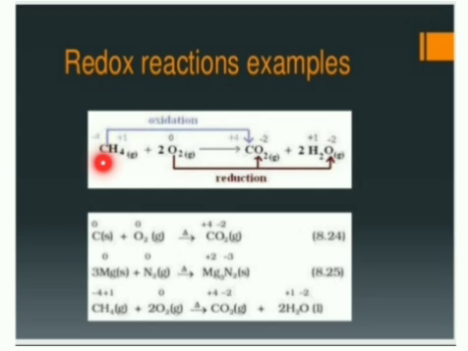Methane reacts with oxygen and forms carbon dioxide, so oxidation of carbon takes place, and oxygen is converted into water. In this process, a reduction reaction takes place.